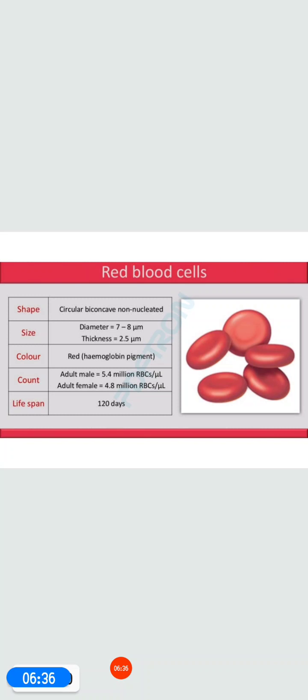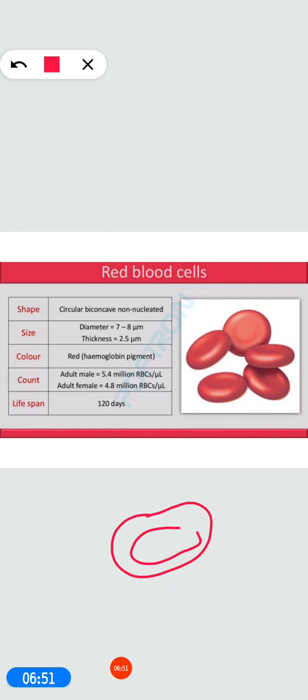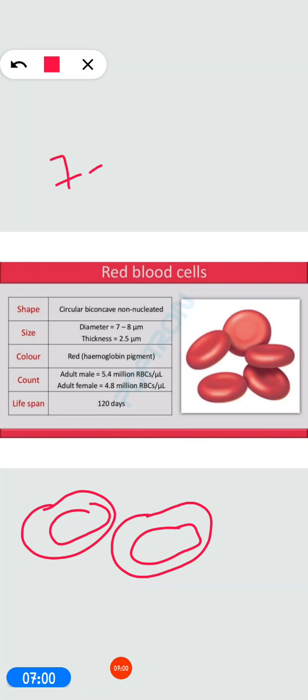Now I come to the red blood cell. Red blood cell is circular, biconcave, and non-nucleated. The size is 7.8 micrometer and the thickness is 2.8 micrometer.